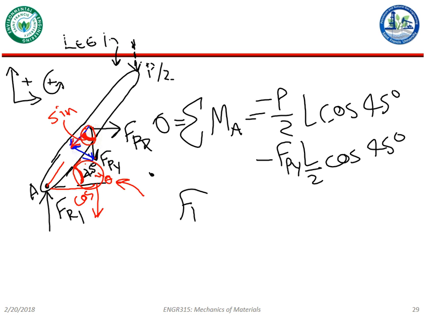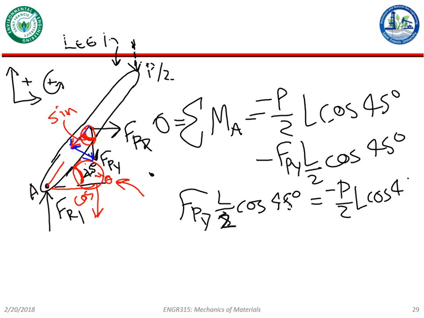So if we have FPY, L over 2 cosine 45 degrees equals negative P over 2 L cosine 45 degrees. That goes away, that goes away.